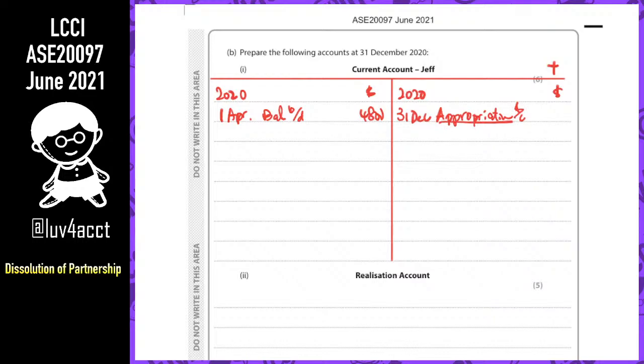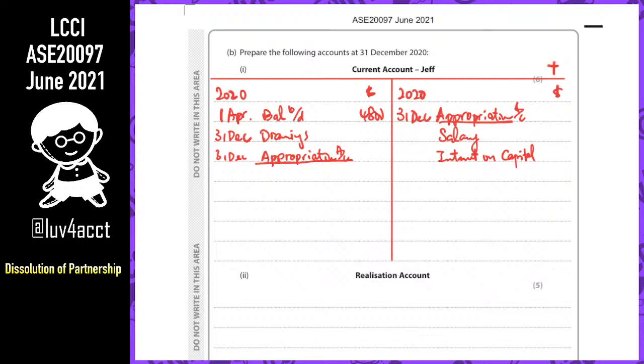So you have what? Salary here. You have interest on capital. We will calculate later. And then here you also have drawings, and you have appropriation account.